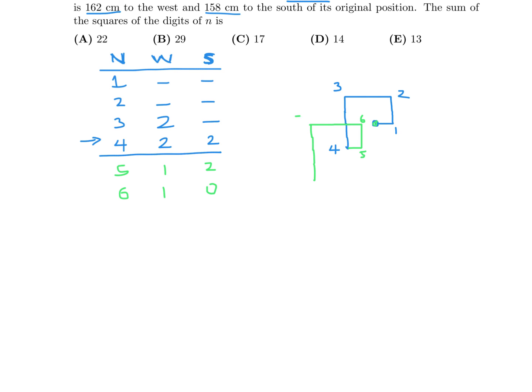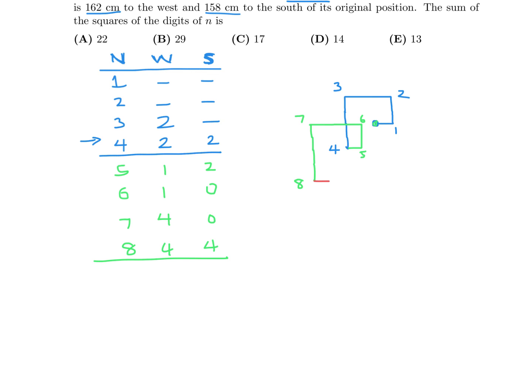At the seventh move, we would be 4 and still 0. And at the eighth, which is here, it would be 4 and 4. That's pretty decent. So far so good. Okay, let's keep going.